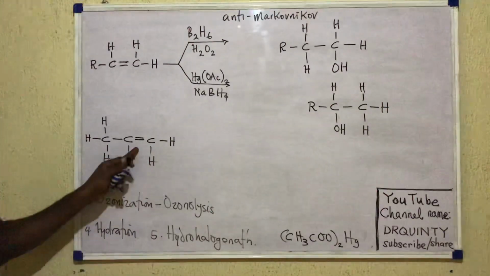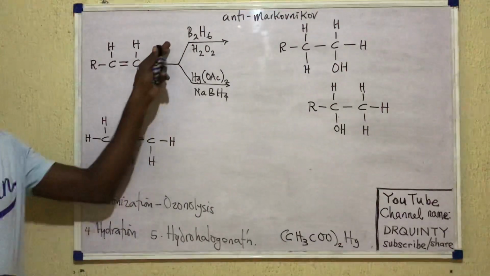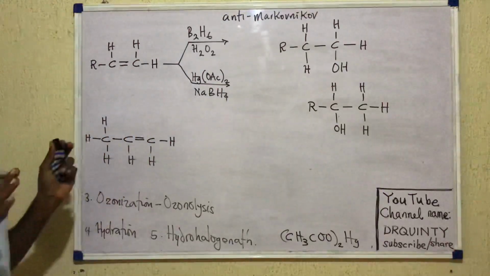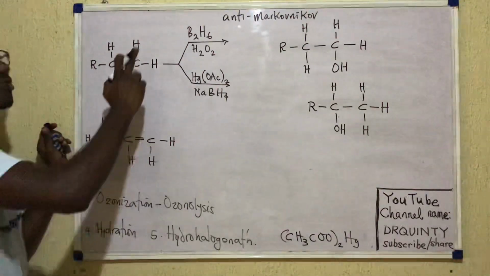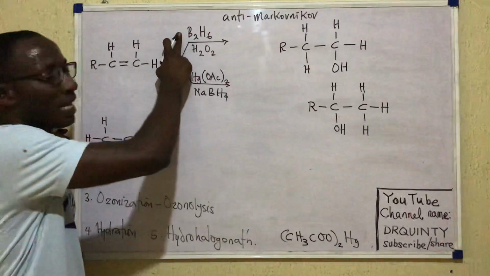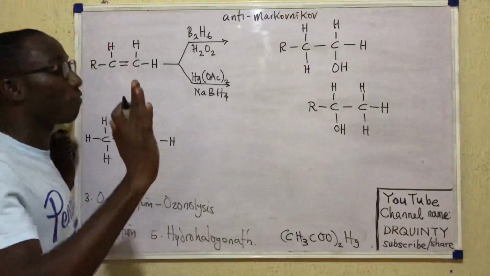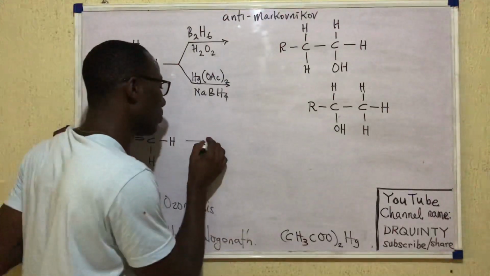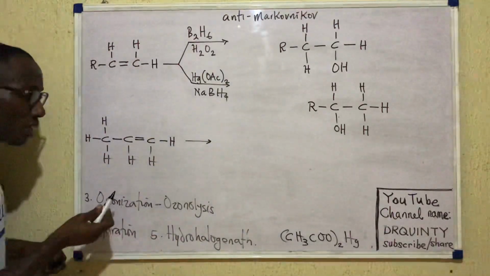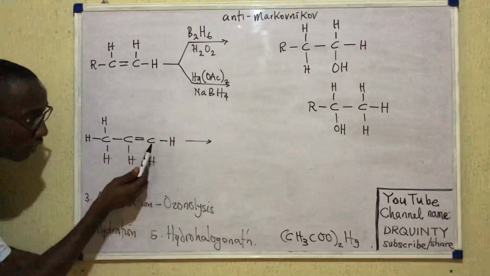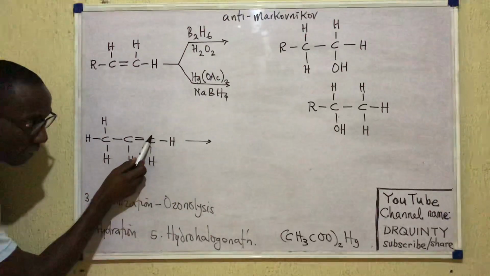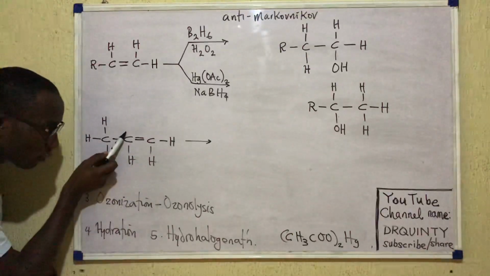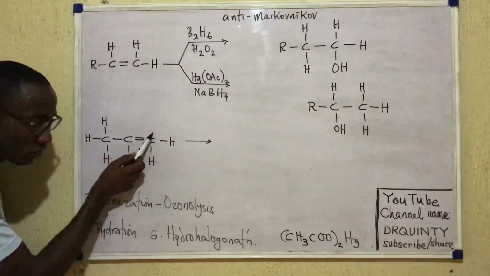If prop-1-ene were to undergo hydroboration, the final product we get after the reaction with diborane and oxidation will be an alcohol, and that alcohol will be anti-Markovnikov, which means unlike according to Markovnikov's rule where H should be attached here because this guy has more hydrogen than the other one, H finds its way here for OH to stay there.